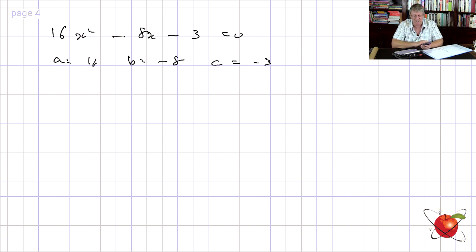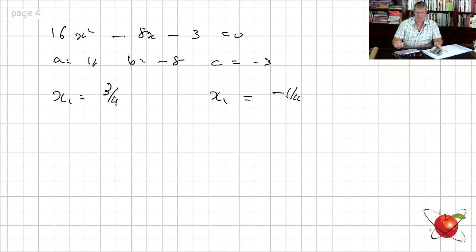It's still got the A, B, and C that you had there, so now we've got to overwrite them. So we put 16 equals, minus 8 equals, and minus 3 equals. Press equals again, and it becomes x1 equals 3 over 4. And x2, how do we get it? Press equals again: minus a quarter.